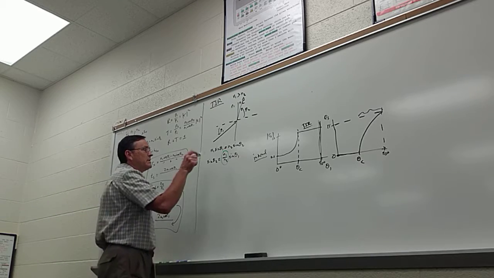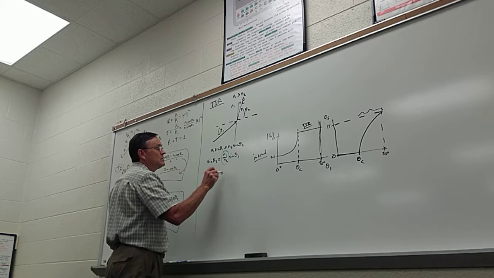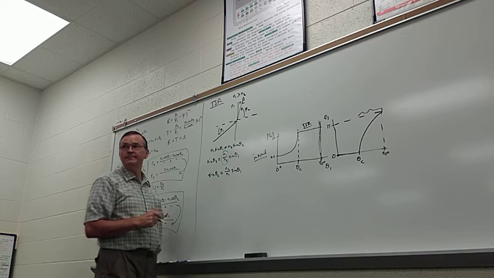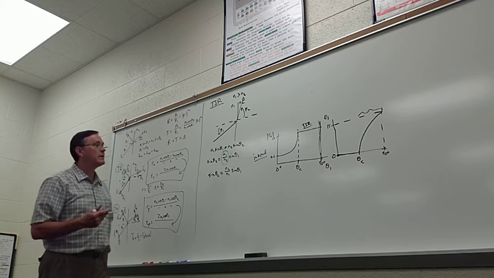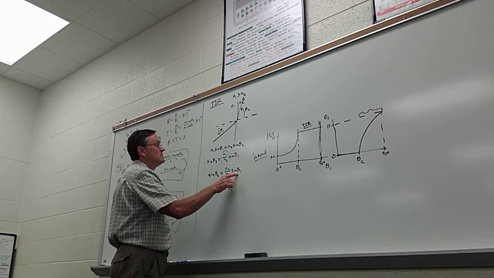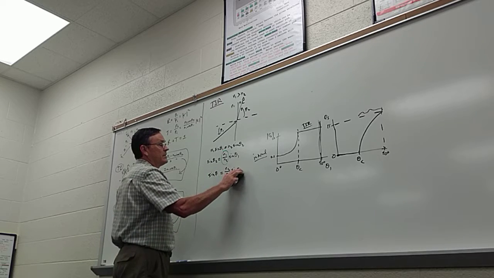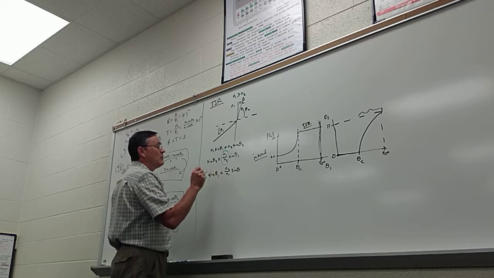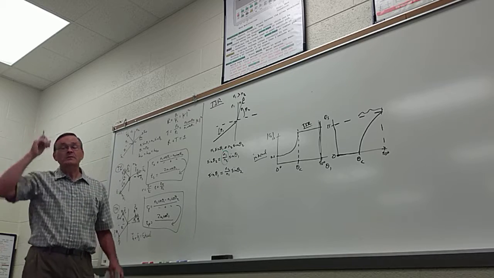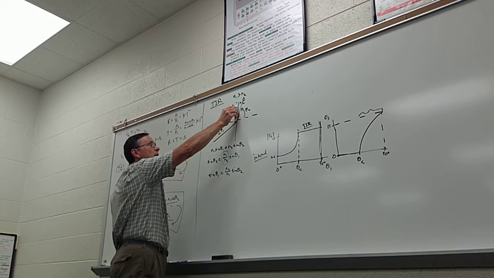So instead, let's solve for sine of theta 1, which is n2 over n1 sine of theta 2. Sorry, I got that backwards. There we go. So let's look at what it takes to get theta 2 to be 90 degrees.